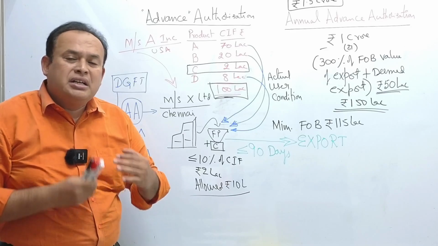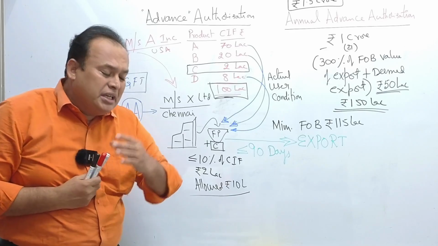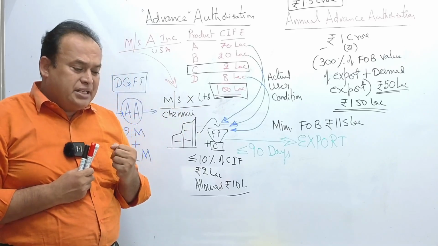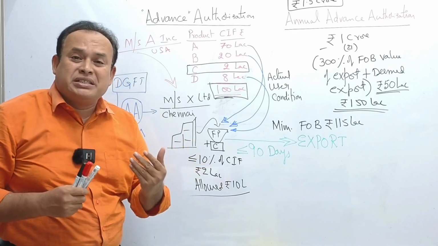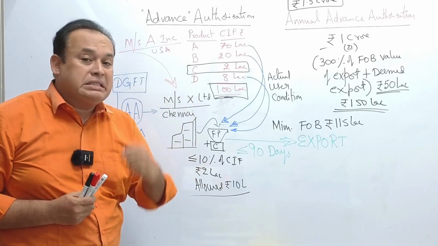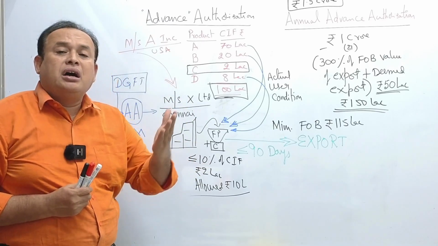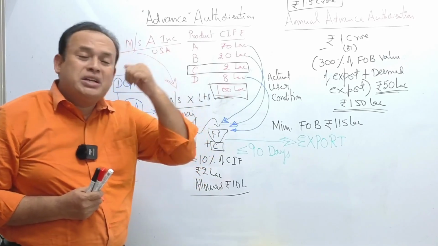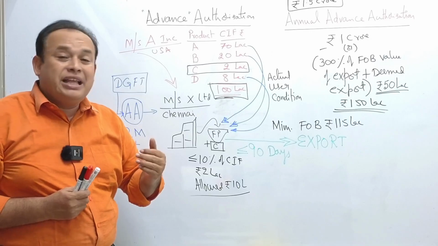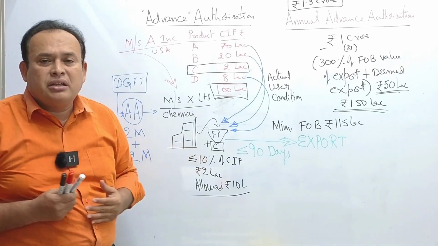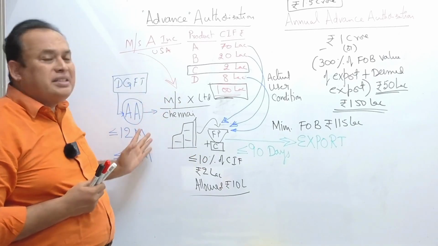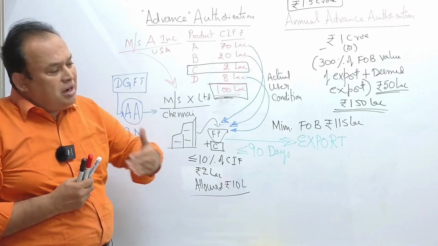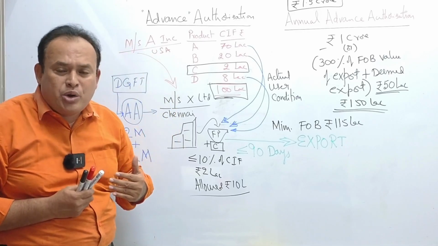Sir, on account of import, there is BCD, there is IGST, there are other types of duties like GST compensation cess, or there may be protective duty, safeguard duty, countervailing duty on subsidized articles, or anti-dumping duty. This advance authorization can be utilized for all types of duties, thereby not paying duty.